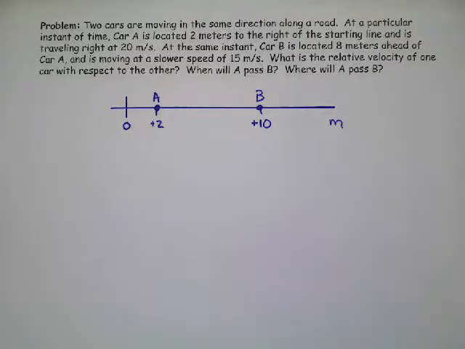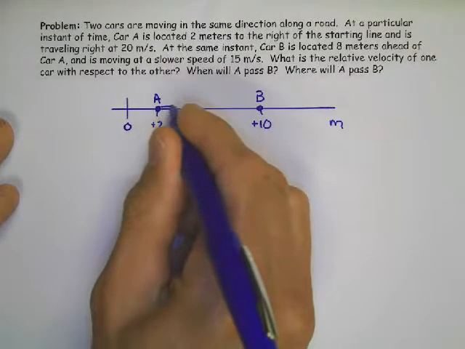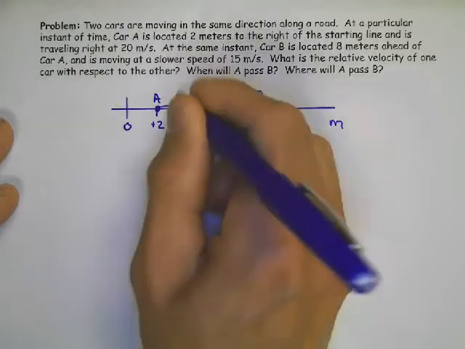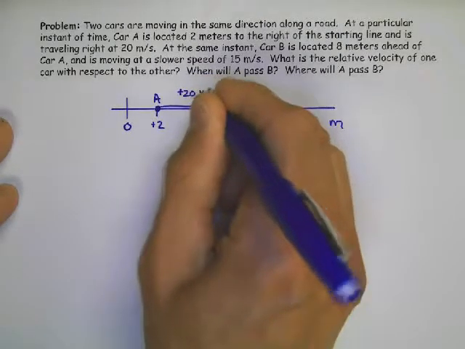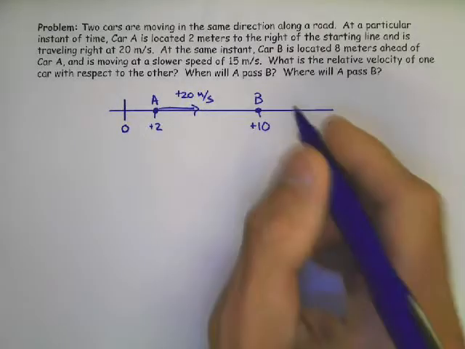Now, let's put vectors on here to represent the velocities of these two objects. A is moving faster, so I'm going to represent its velocity with an arrow and label that 20 meters per second.